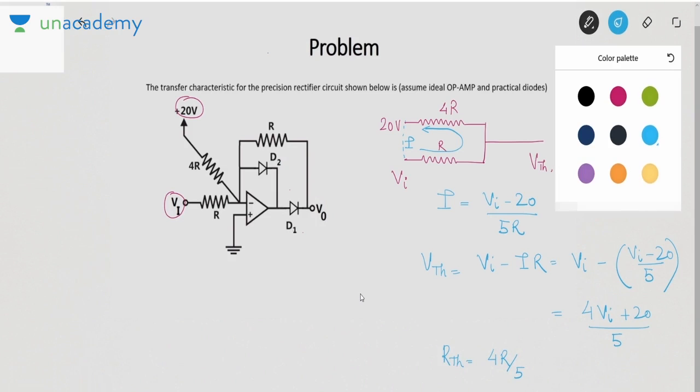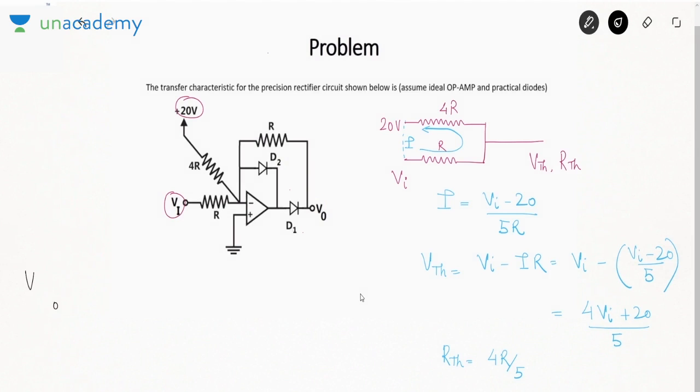Now let us draw the Thevenin equivalent. The input is now VTH, the resistance is RTH. It is connected to the inverting terminal of the op-amp, and the non-inverting terminal is grounded.